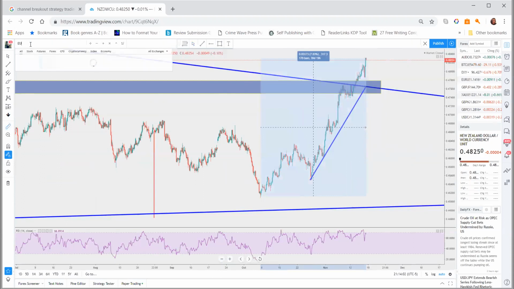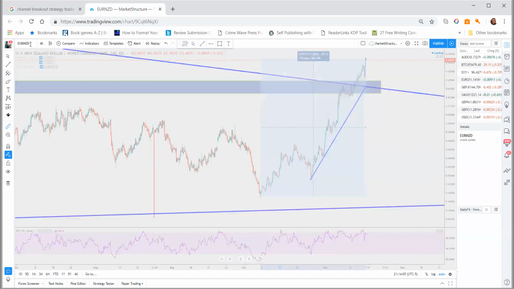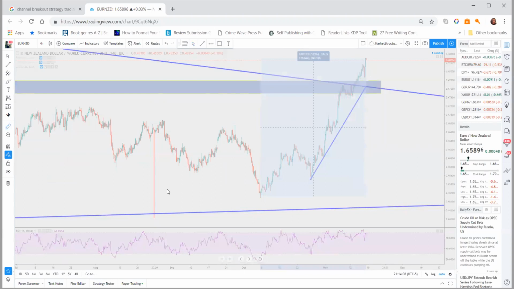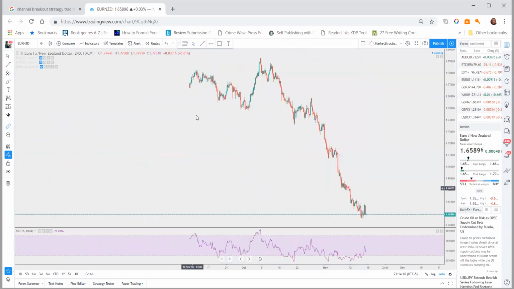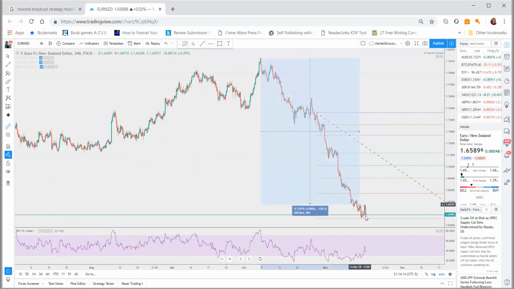And euro NZD, I think, has dropped about 1,300 pips without a good correction. It's had some correction, but not a lot. So from here down to here, yeah, 1,359 pips. This pair has dropped without a solid correction, so it's long overdue.